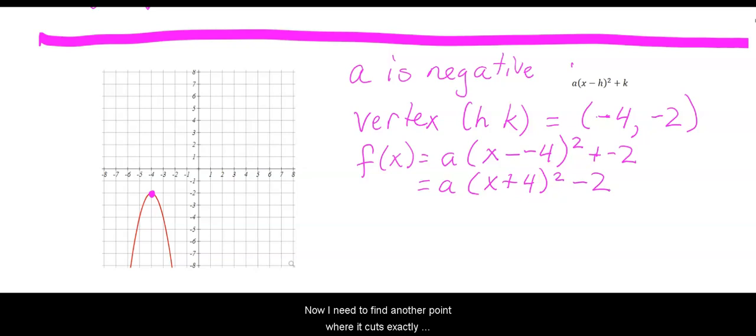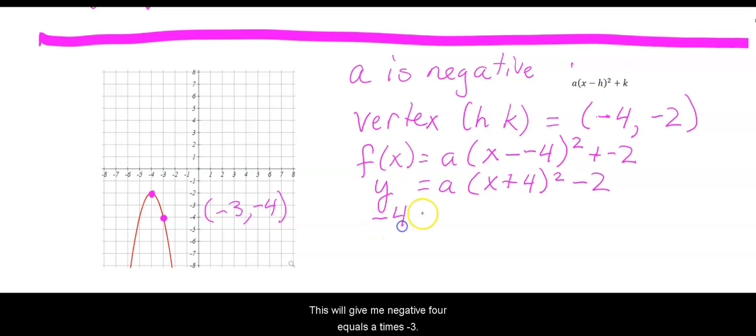Now I need to find another point where it cuts exactly through the corner of the grid in order to find the missing value, which is a. It looks to me like it goes through this corner right here at the ordered pair -3, -4. I'm going to plug the -3 in for x and -4 in for f of x, or for the y value. Remember that f of x can always be replaced with y.